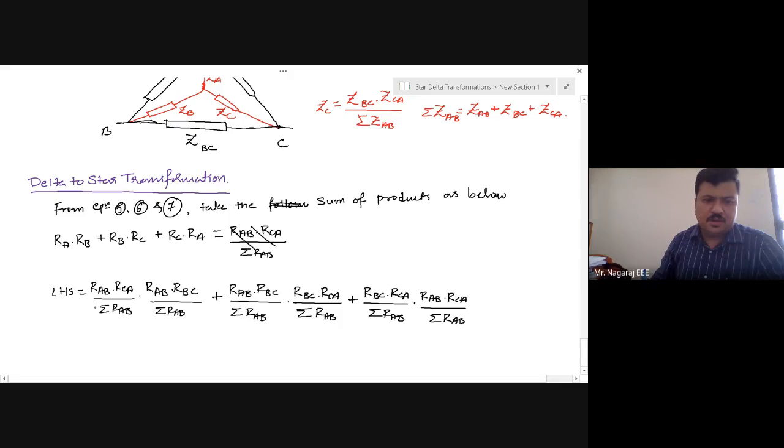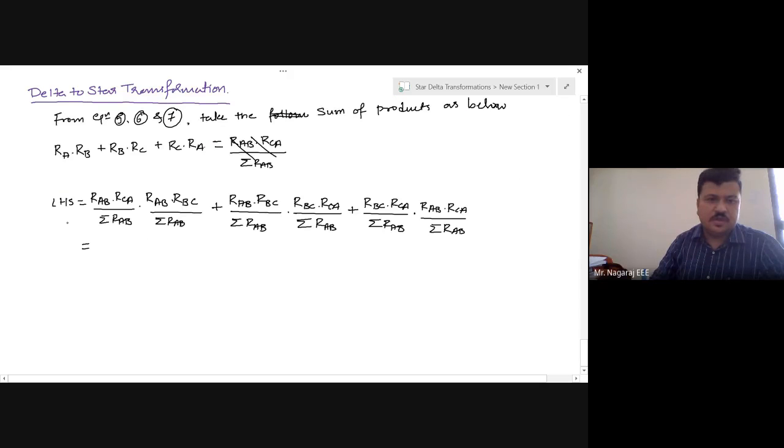I will rearrange the terms. For timing I will take the LHS only. So the RHS: I will rearrange the numerators of all the 3 terms.